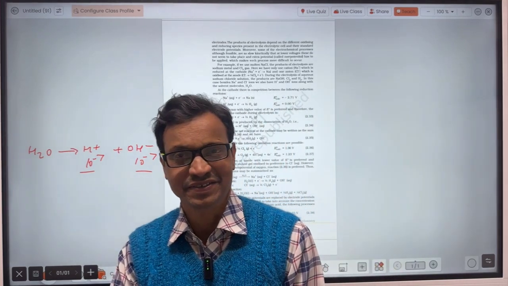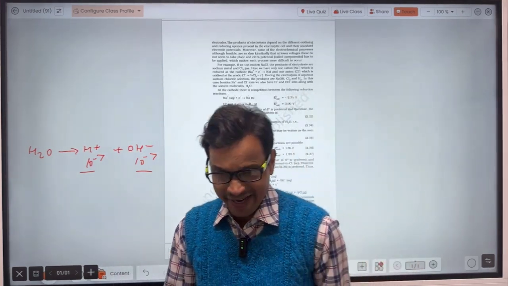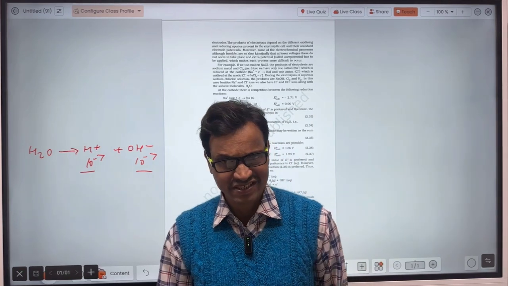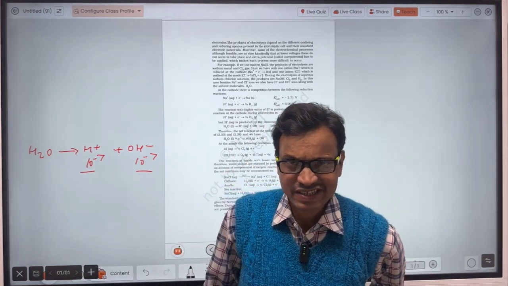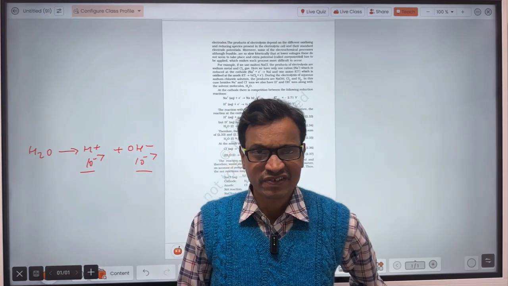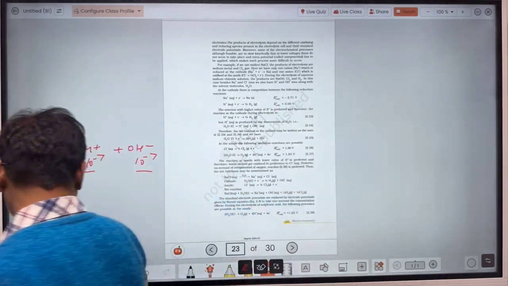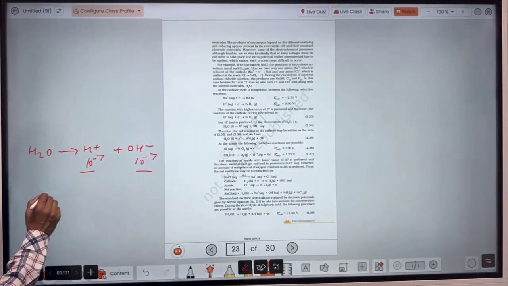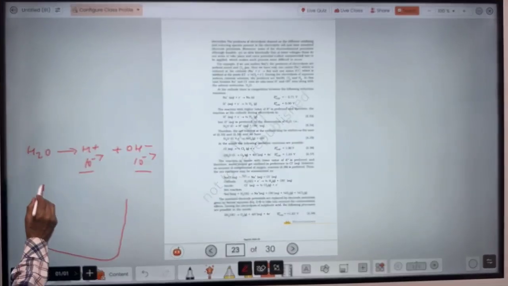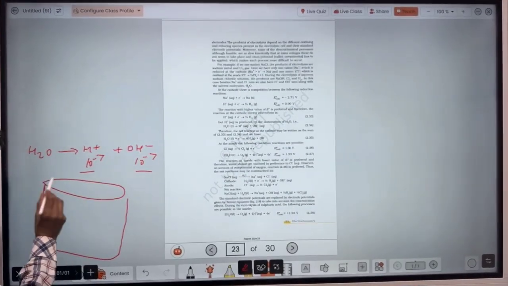Keep this in your mind. Pure water is a bad conductor of electricity. So, during the electrolysis, a small amount of electrolyte is added to make the water a good conductor. So, what happens?